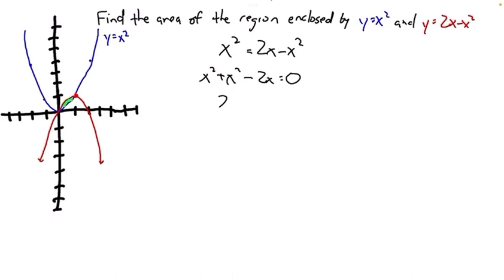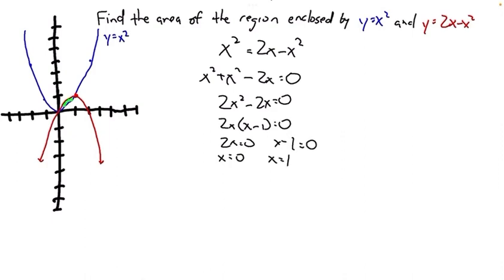This is going to give us 2x squared minus 2x is equal to 0. We factor out a 2x. So 2x is equal to 0, so x is equal to 0. X minus 1 is equal to 0, so x is equal to 1.